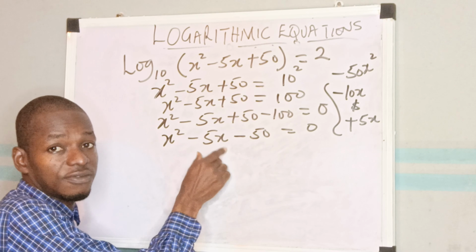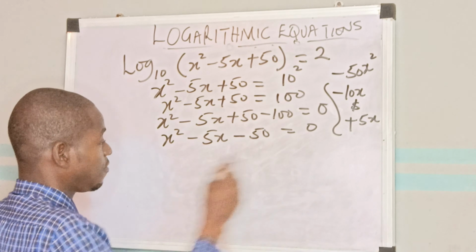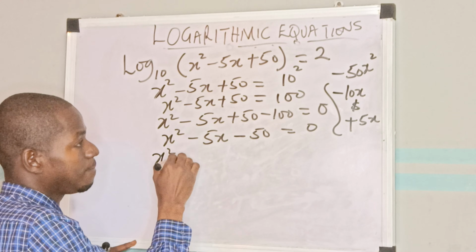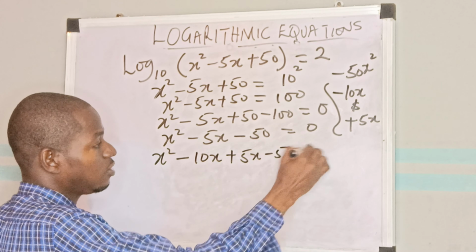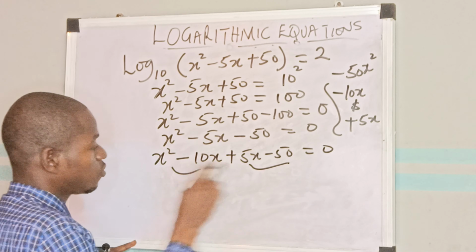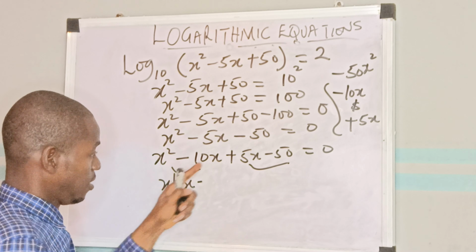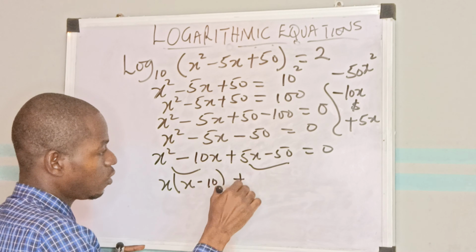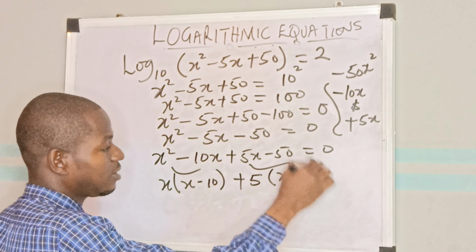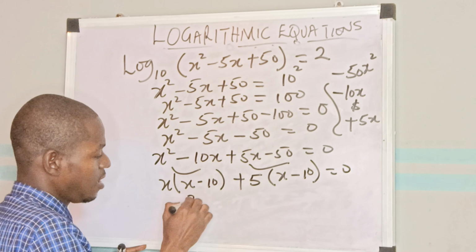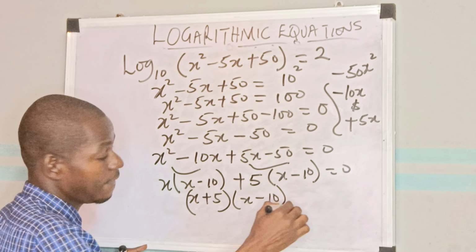So I replace this negative 5x by negative 10x and positive 5x. So this becomes x squared minus 10x plus 5x minus 50 equals 0. What's common between these two? You have x into bracket x minus 10, plus 5 into bracket x minus 10 equals 0. So this becomes x plus 5 times x minus 10 equals 0.